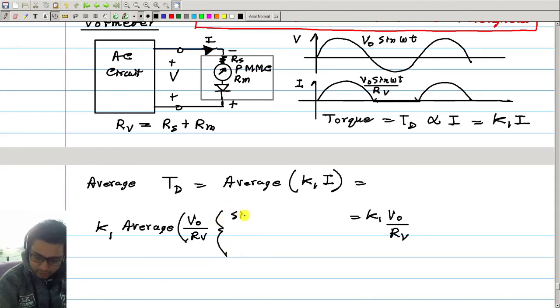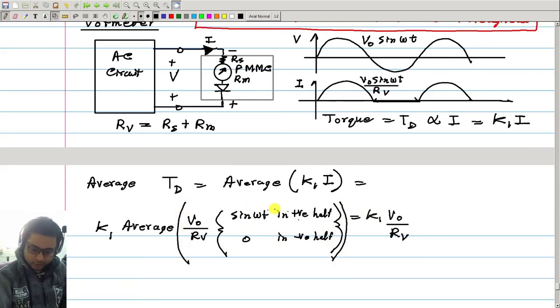Here I have sine omega t in the positive half, and 0 in the negative half. These two together are the current waveform, and you have to calculate the average value of this quantity.